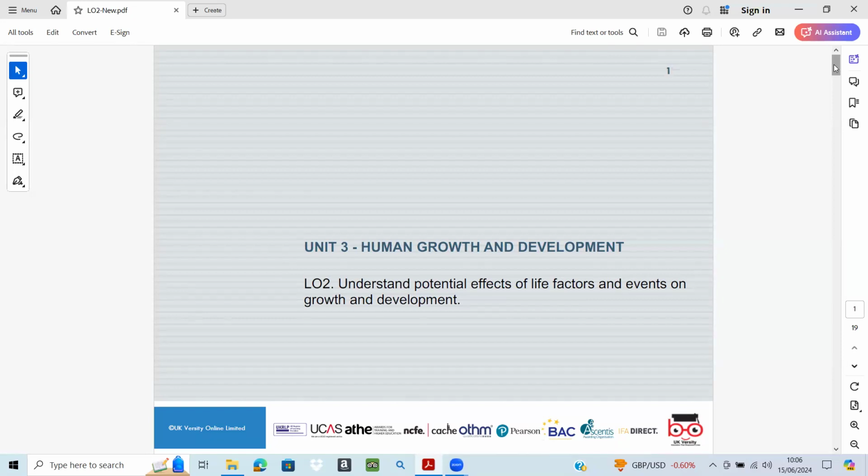For example, a child raised in a loving and caring environment with access to education and healthcare is likely to flourish more. In contrast, a child growing up in a war-torn area may face developmental delays due to trauma, displacement, and lack of access to basic needs like safety and education.